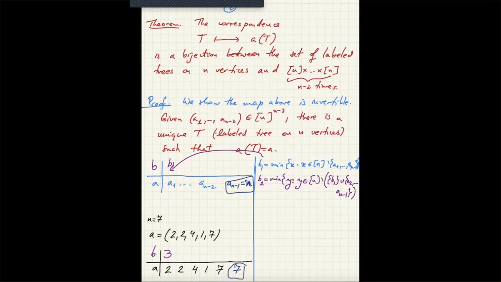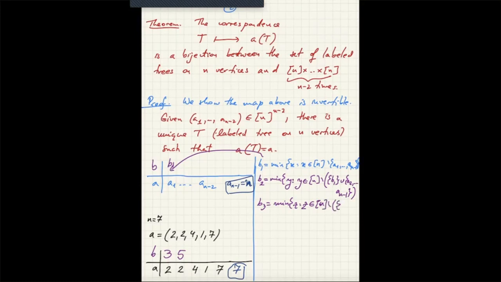In this example, b1 is 3, and then we have 2, 4, 1, 7, 7. So what's the smallest number that is not in that set? I think that is going to be 5. And then the procedure continues like that. You have b3 is the minimum element z, such that z belongs to [n].